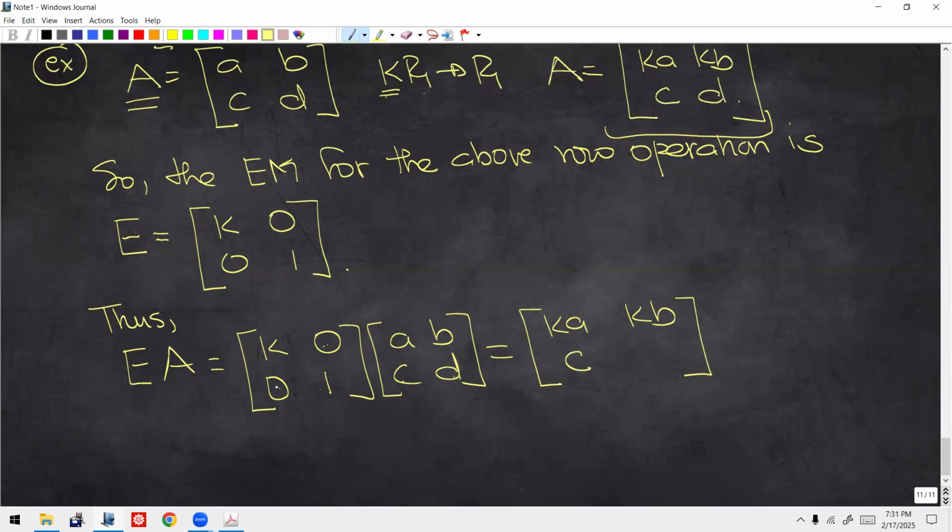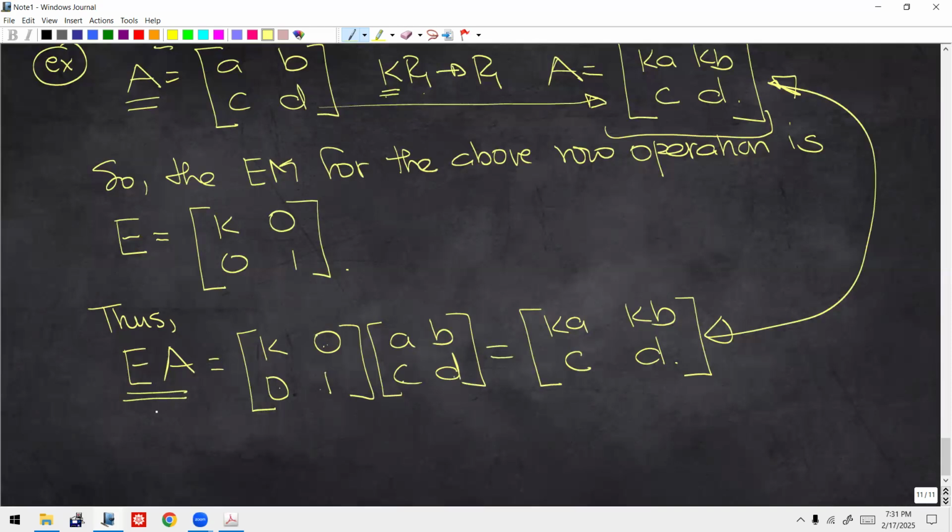Row times column, 0 times b is 0, and 1 times d is d, which is exactly the same as this. So, like I said, computationally this makes no sense, but for proving theorems this is very practical. Instead of performing the row operations on A, we create the elementary matrix for that particular row operation and then multiply the given matrix by the elementary matrix to give you the same result.